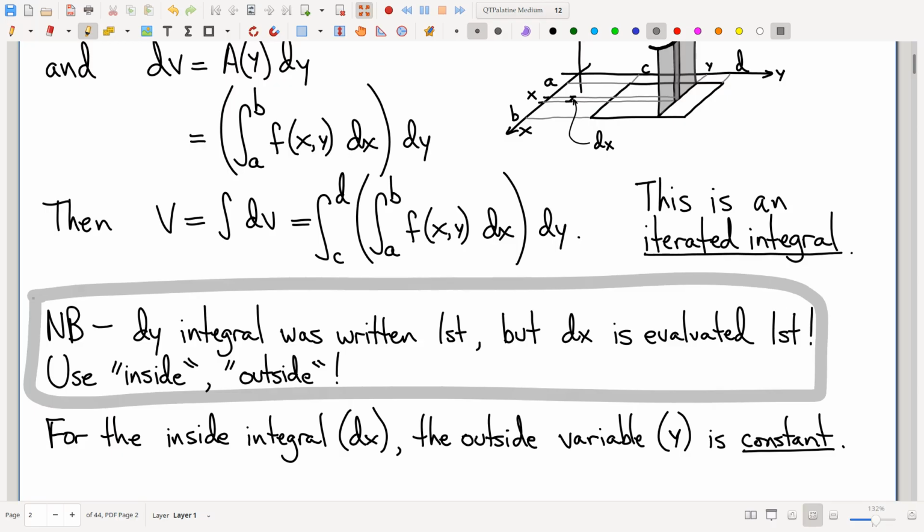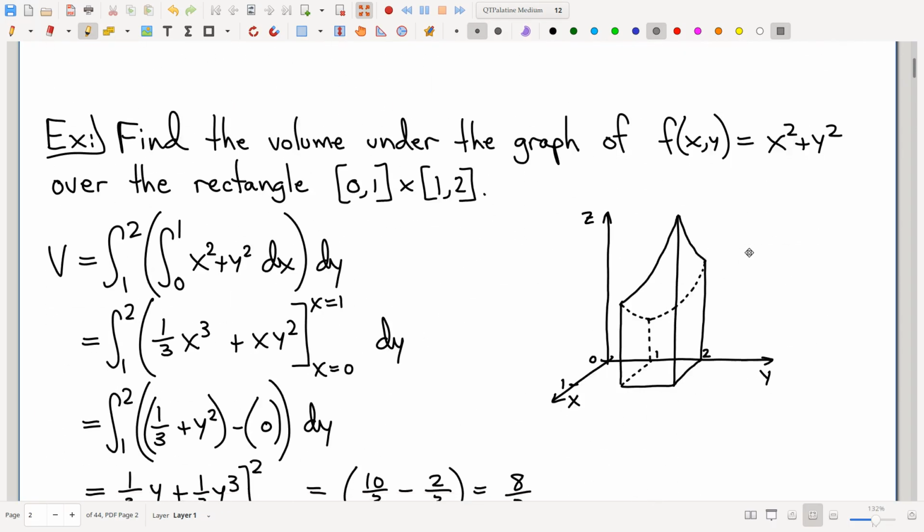I kind of have to do the inside integral first to see what that is as a function of y, which will be the outside integral's integrand. So you develop the integral outside in, you compute the integral inside out. So first and second doesn't make any sense. It's ambiguous. So you really got to avoid that language talking about the first integral or the second integral. I don't know what that means. But if you say inside or outside, that removes all doubt.